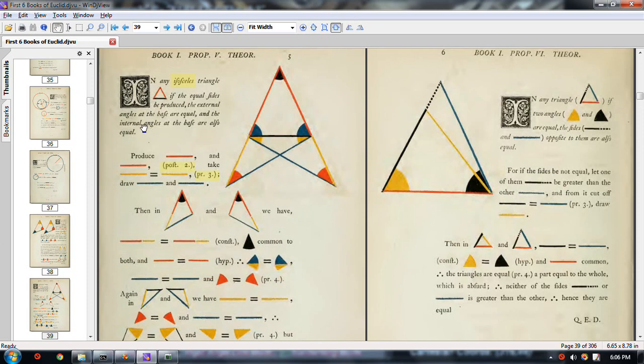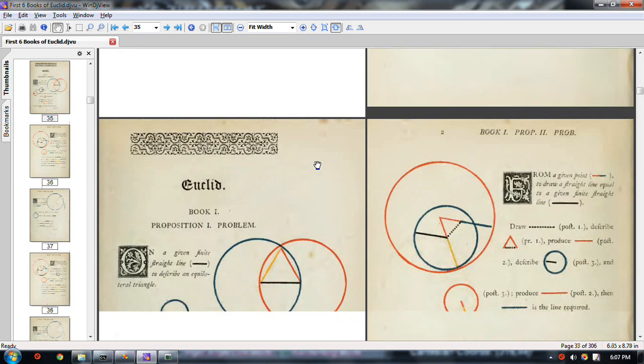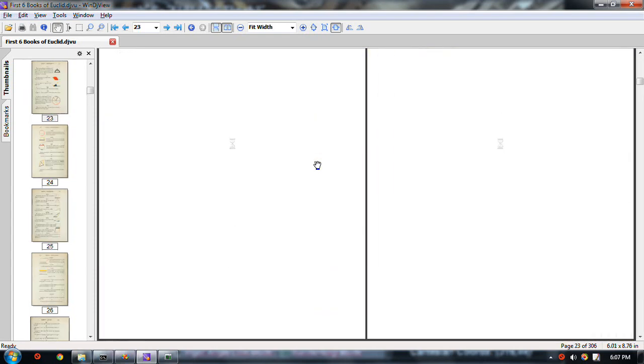So in order to do that, we do what we can. We're allowed to produce to any amount we like a given line by a given amount, right? That much we're allowed to do. It says postulate 2. Postulate 2. We now have the mark, easier to find.